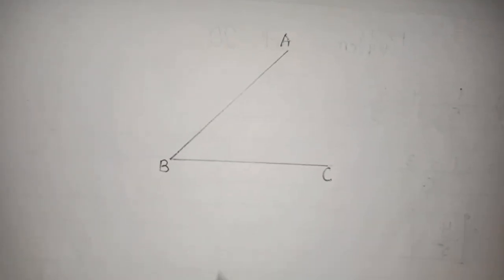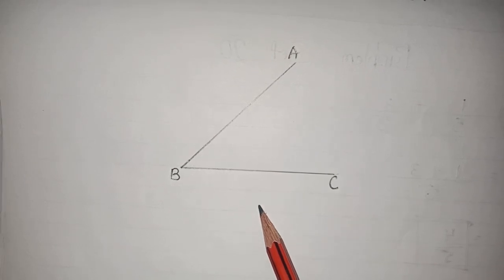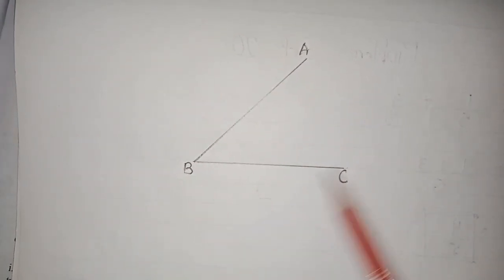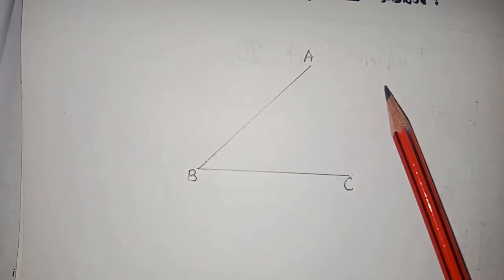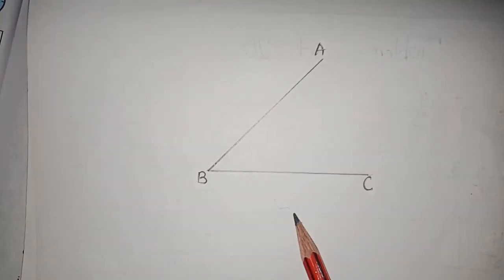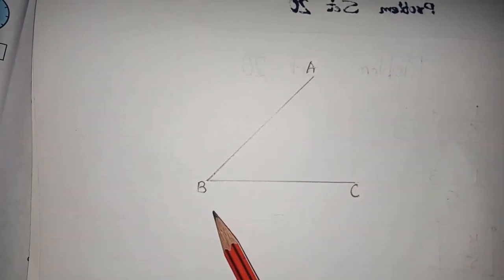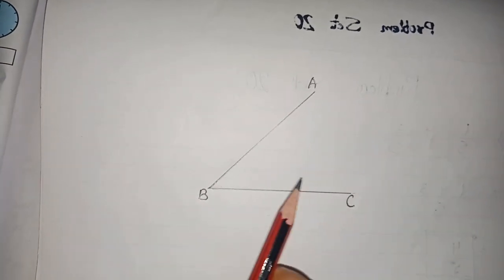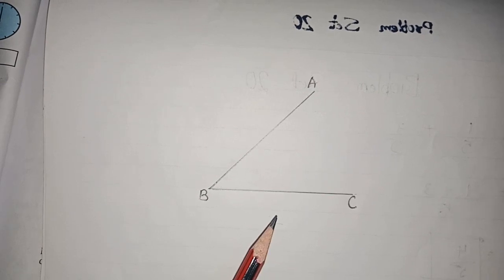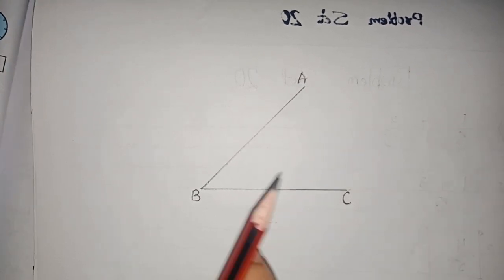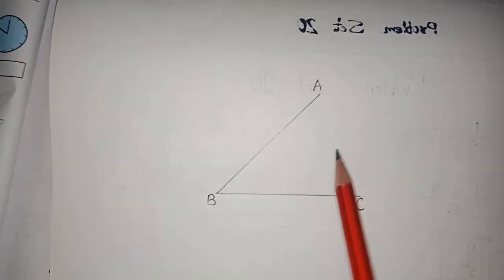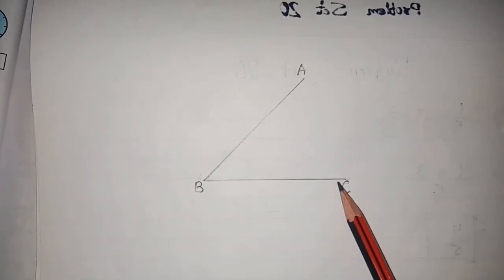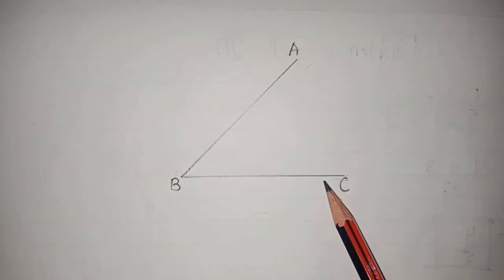Now tell me, what does the diagram given here show? The diagram shows an angle, right? Do angles have names? Yes, angles have names. You can see the lines in the diagram. Tell me the names now. This diagram has two lines, right? BA and BC, right?